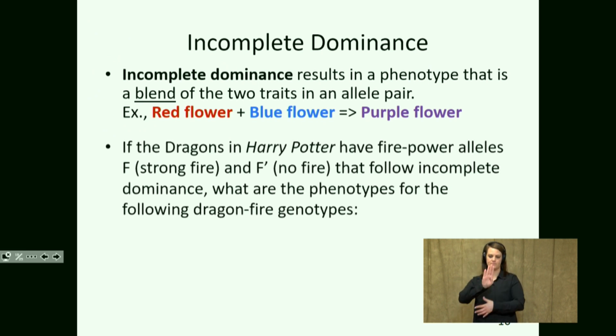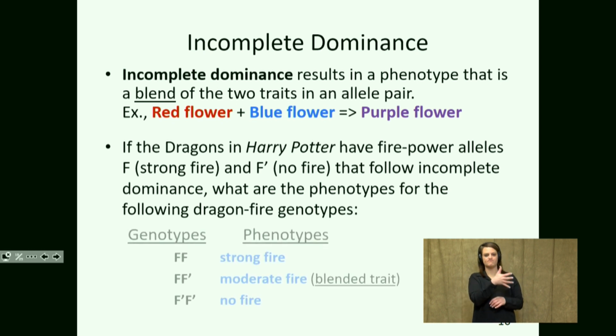So in Harry Potter, we have dragons. We have really strong fire-breathing dragons, and then we have no fire. In this case, this particular textbook used a prime or apostrophe to show the incomplete. And they say that a heterozygous is a moderate. So you get strong fire, moderate fire, blended trait, or no fire.